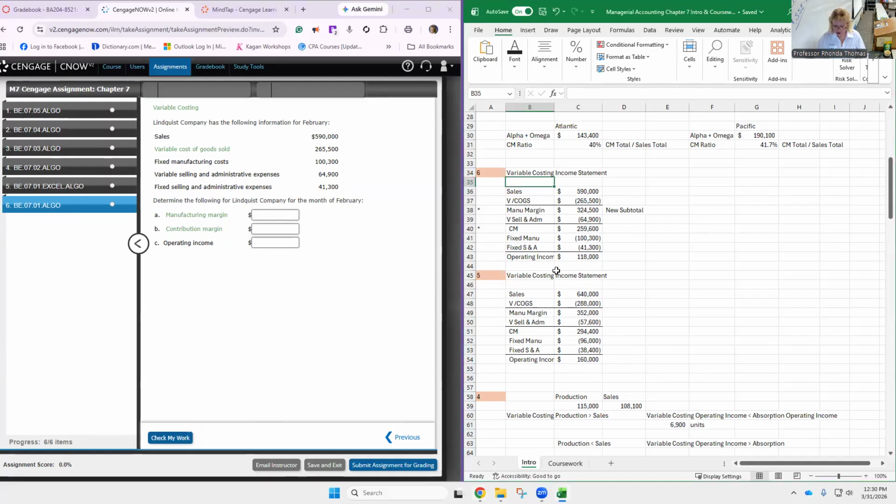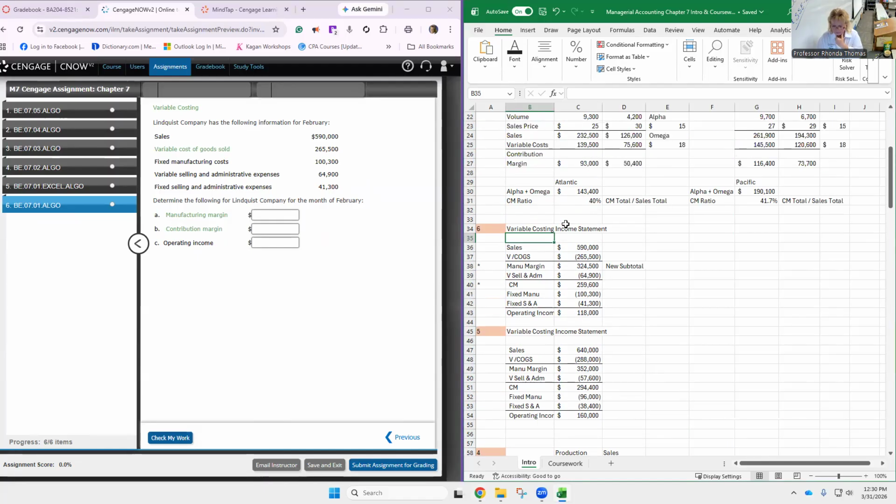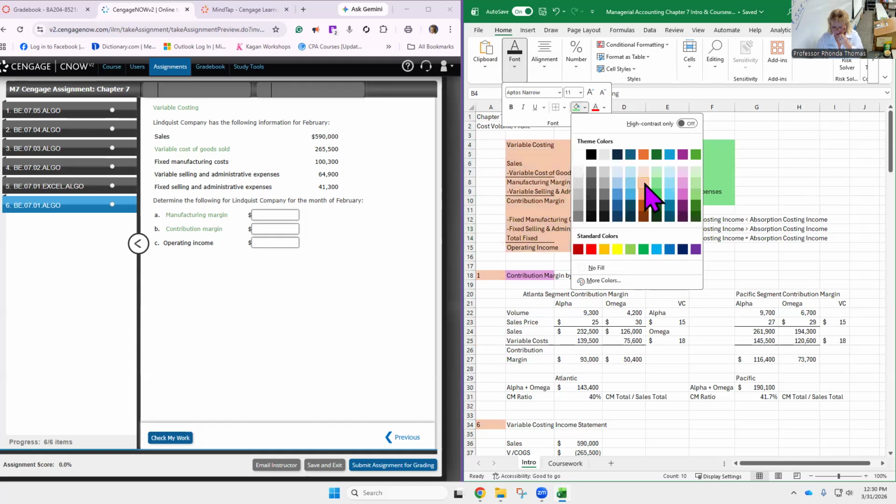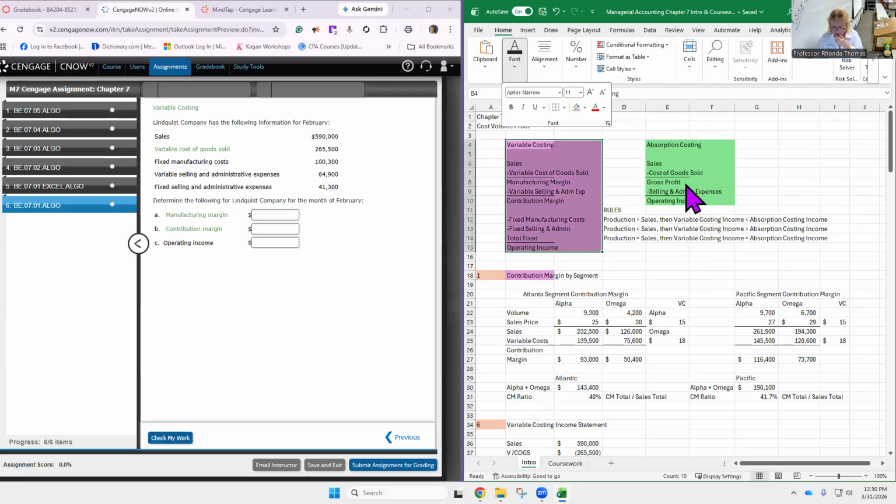Okay, there's a new variable costing income statement that you'll want to learn, and I've put that up here at the top. This is variable costing. That's the one we need to learn first.